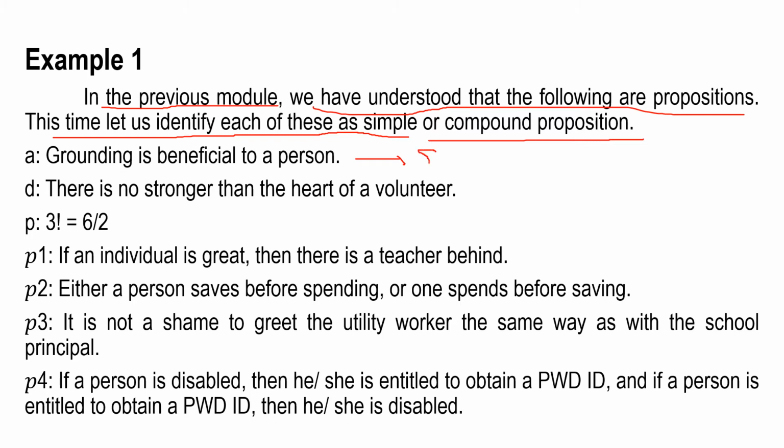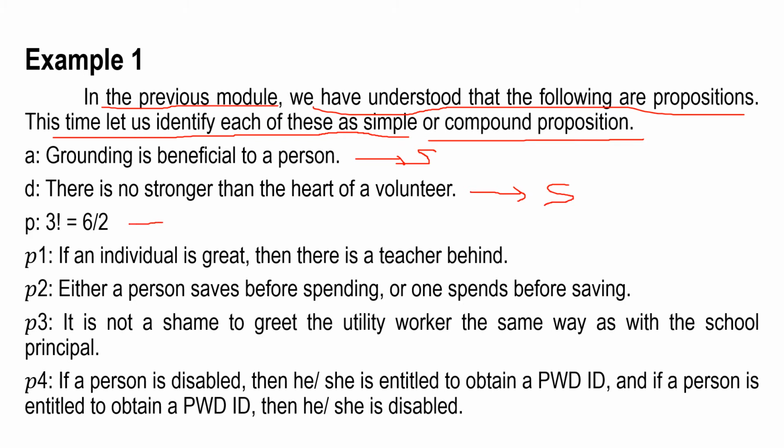For the proposition under letter D, there is no stronger than the heart of a volunteer. As you can see, it is a single proposition, so there are no connectors being used on this one. So it's automatic that this proposition under letter D is again a simple proposition.